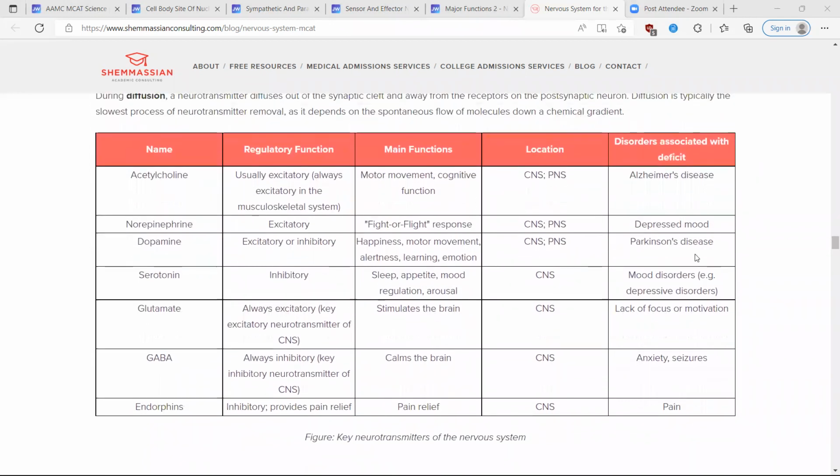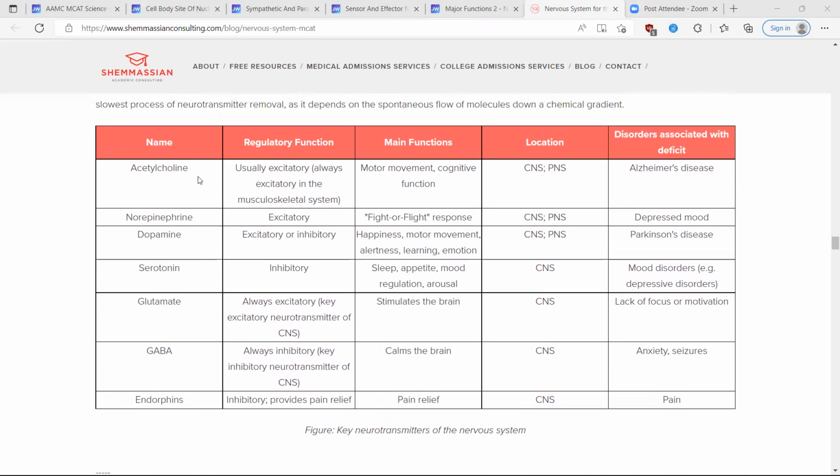Now, neurotransmitters themselves are very important, and they have very, very different functions. So these are things that you do have to know. And again, this is all memorizing and just understanding what it is. So acetylcholine is usually excitatory in general, but always excitatory in the musculoskeletal system, and it involves motor movement.